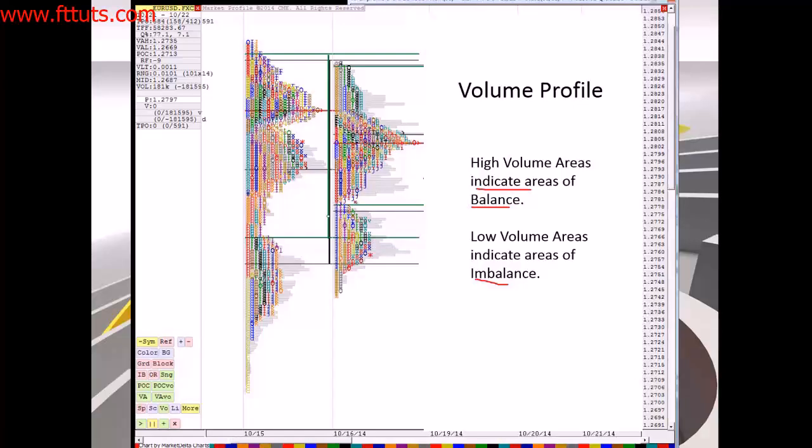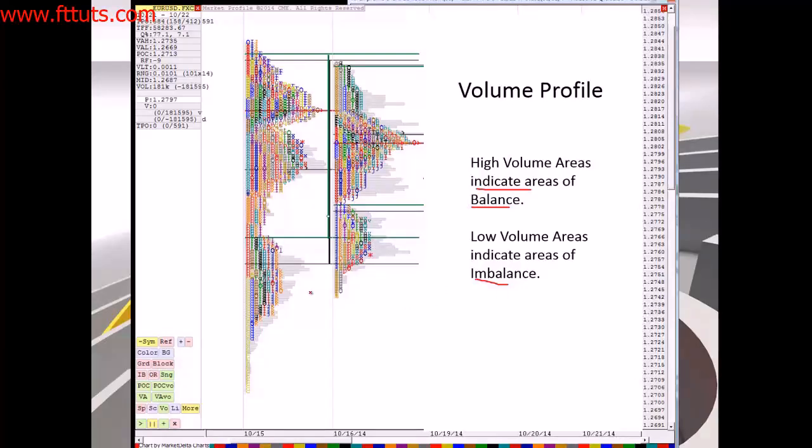So we should always focus our attention on any profile structure on areas of high volume, areas of balance, and also at the same time areas of low volume that indicate imbalance. And the market loves to come back and revisit these areas of imbalance.